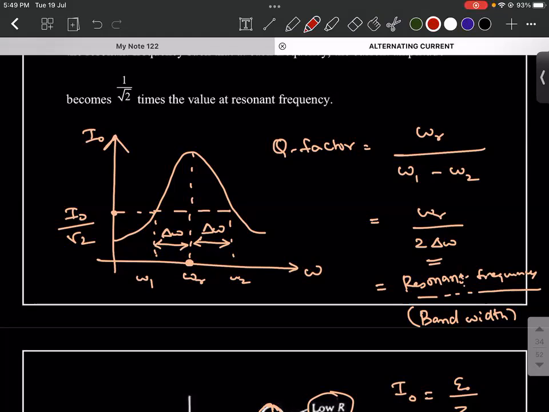So Q factor is resonant frequency divided by bandwidth.